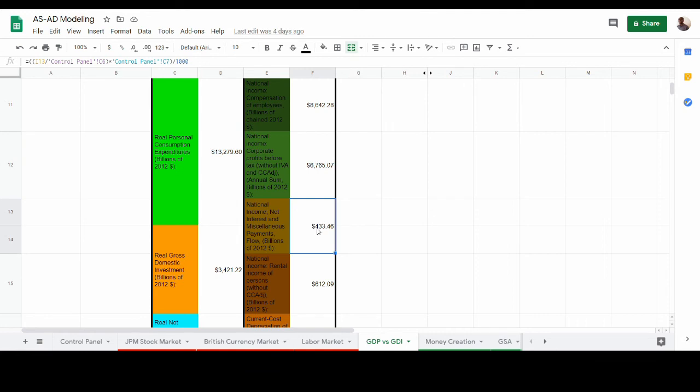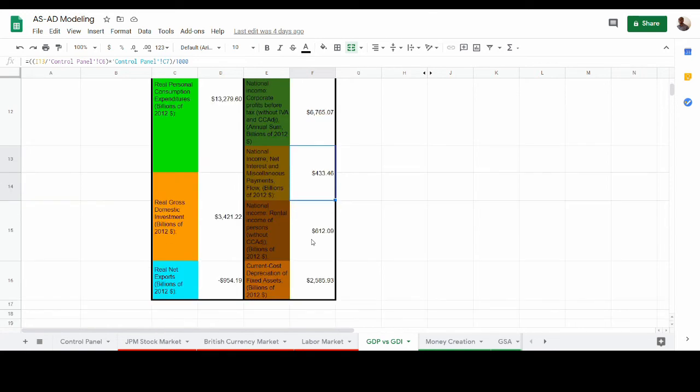Net interests and other miscellaneous payments came in at around $433 billion. $612 billion was generated in rental income. And current cost depreciation of assets was valued at around $2.5 trillion, almost $2.6 trillion.